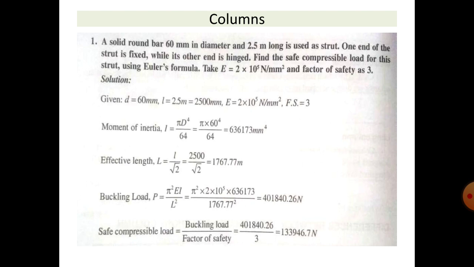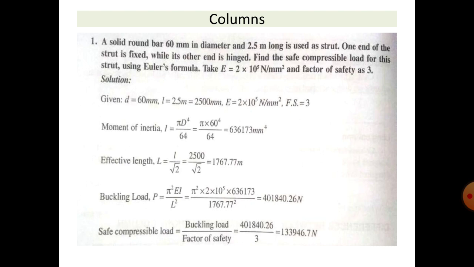This is also important. In the previous units, the second and third units, you used the moment of inertia in bending stresses and geometrical stresses. You found the moment of inertia for the circle, rectangle, square, and triangle.